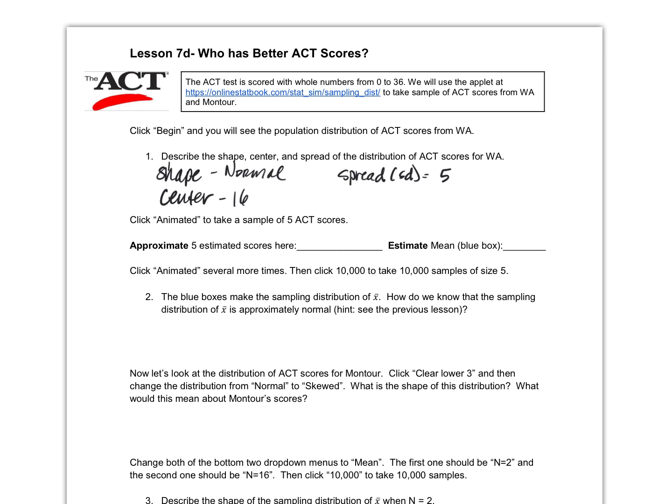Now, approximate the 5 estimated scores here and estimate the mean right here. I don't want to go through figuring out what these are, but you can see where the mean fell. It probably is a little lower than 16, maybe? It doesn't look directly under that to me, does it to you? Think around 15? Okay, so let's just estimate the mean as approximately 15.